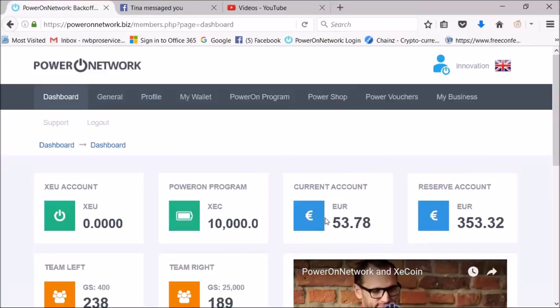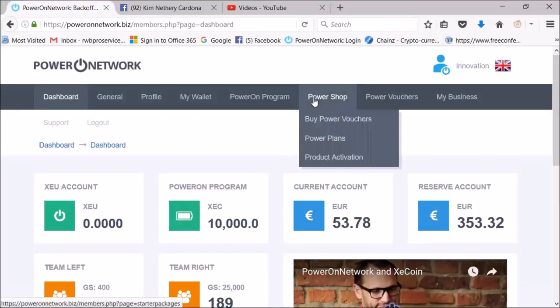When you see that money in your back office and you have enough money, okay, then you can come back up to PowerShop, click on Power Plan, and then go down and purchase the original Power Plan package that you were wanting, okay? Now, that's how it all works.